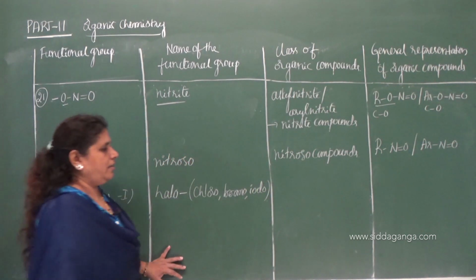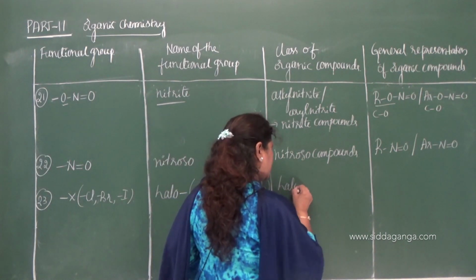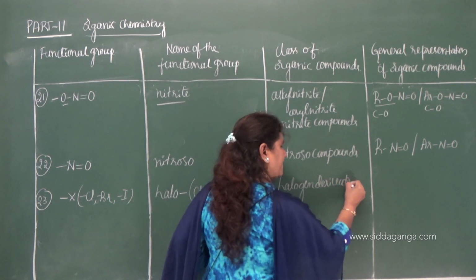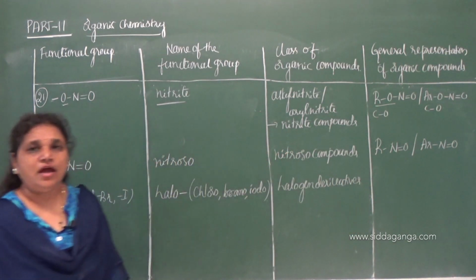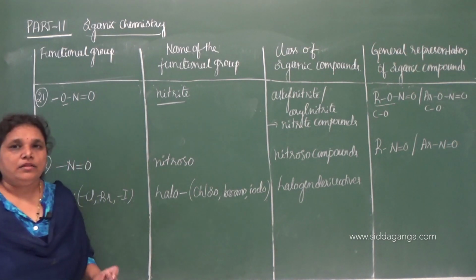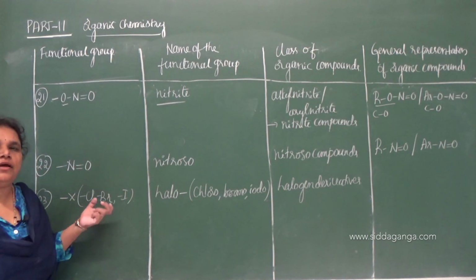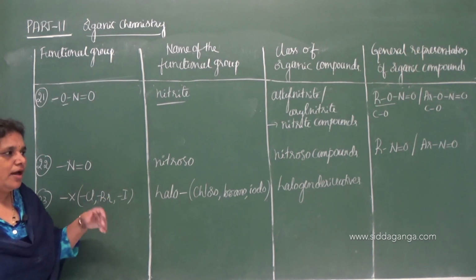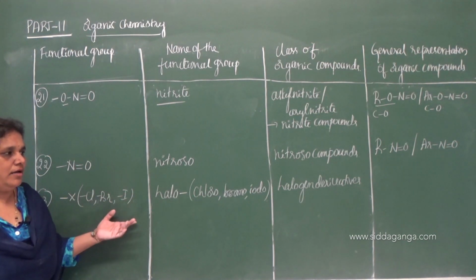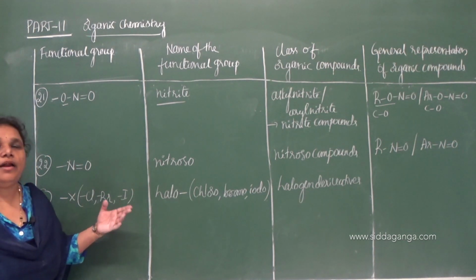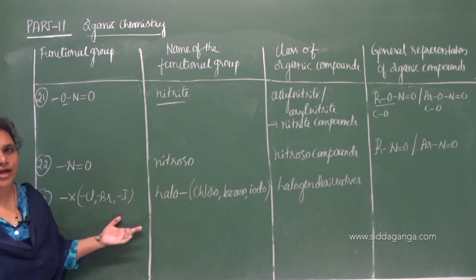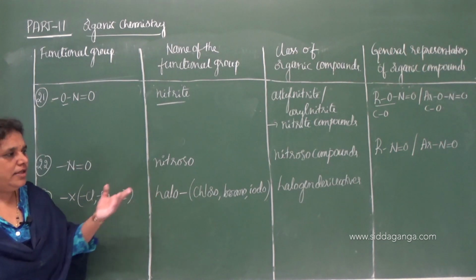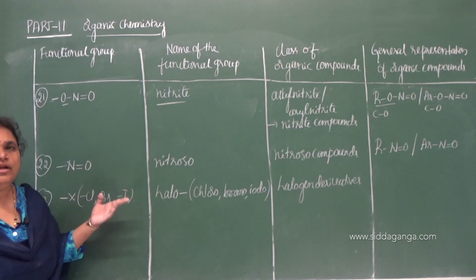Now, what are the compounds called? Halogen derivatives. The class of compounds is halogen derivatives, which means the hydrogen atom of alkanes or aromatic hydrocarbons is replaced by a halogen. It may be an alkyl halide or an aryl halide. So in general you can call them halogen derivatives.